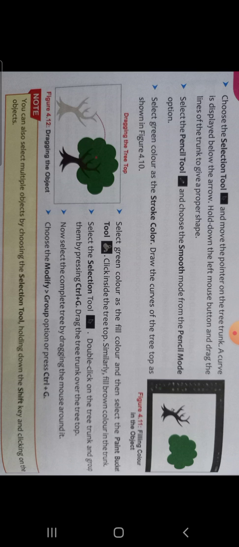Now select the selection tool, double click on the tree trunk and group them by pressing Ctrl+G. This is the shortcut key combination of grouping an object. And after pressing Ctrl+G, drag the tree trunk over the tree top. And now again select the complete tree by dragging the mouse around it, and now choose Modify, Group or press Ctrl+G.